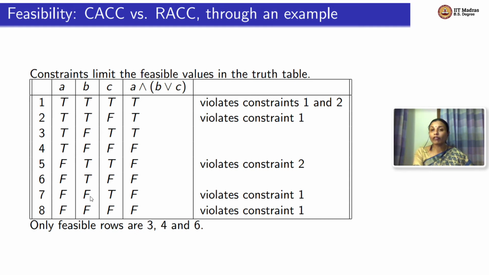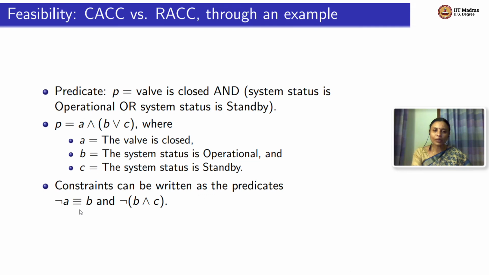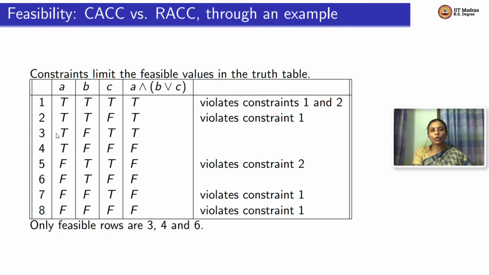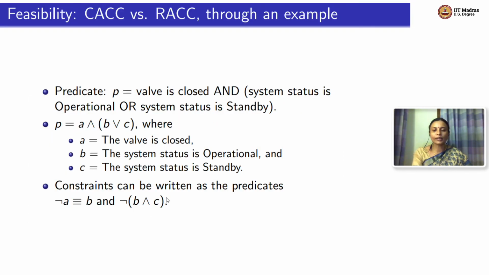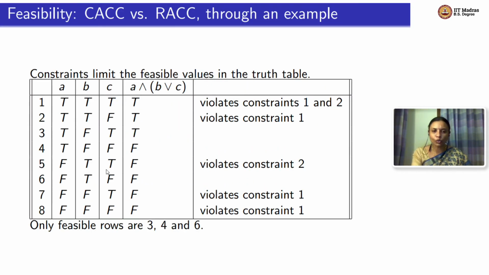A and B are false together. Remember, not A is equivalent to B, so their values can only be opposites of each other. So rows 3, 4, 5, and 6 satisfy constraint 1. That's not mentioned here; we mention only the violations. But if you see row 5, it violates constraint 2. What does constraint 2 say? Not of B and C. But here both B and C are true, so not of B and C would become false.